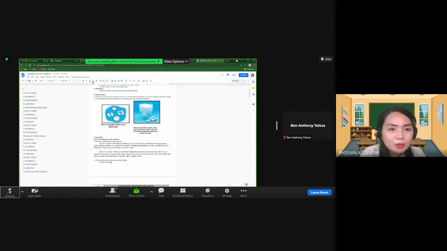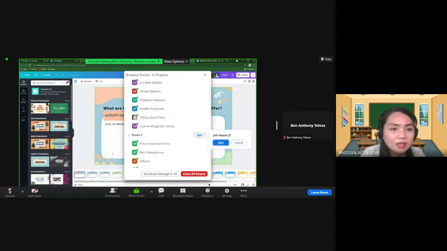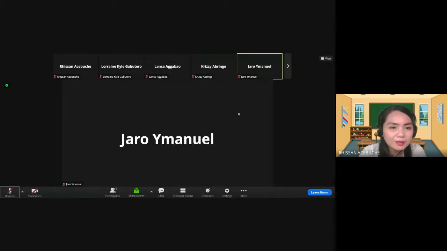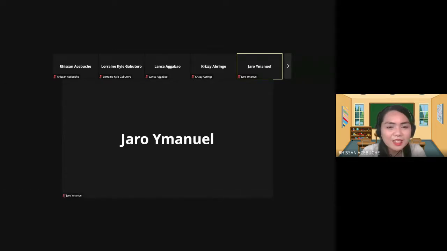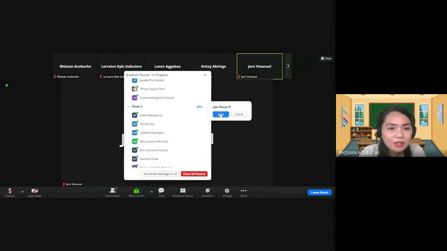I'll now go to group 2 if they are already working on their activity sheets. I think they're still busy. Let's go to group 3. Or maybe they are chatting to one another or using the chat box.